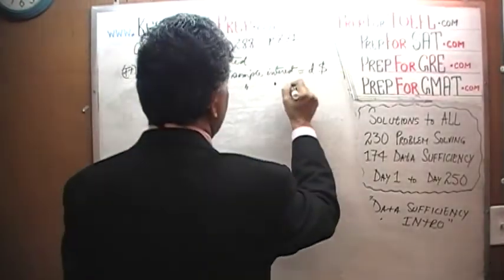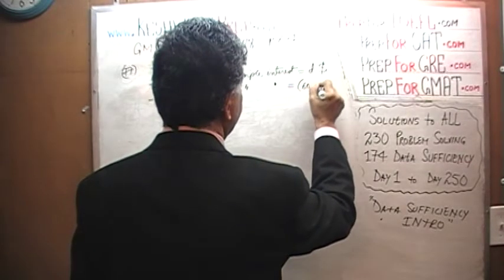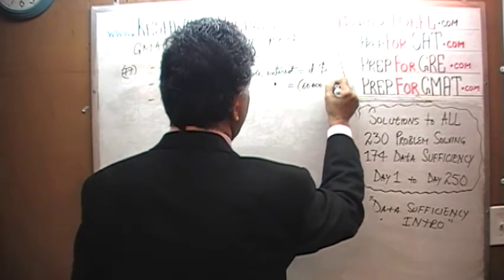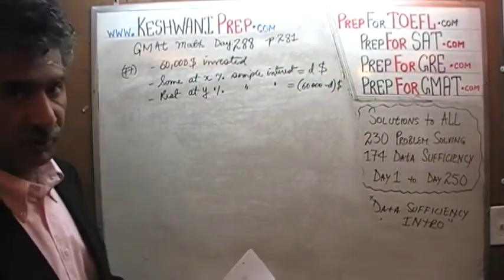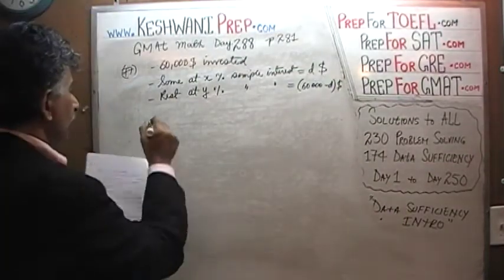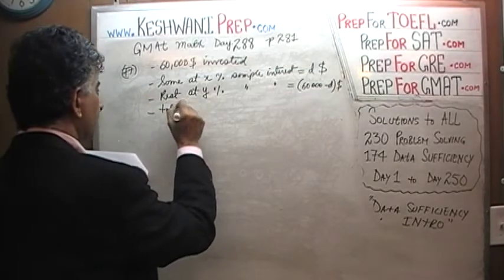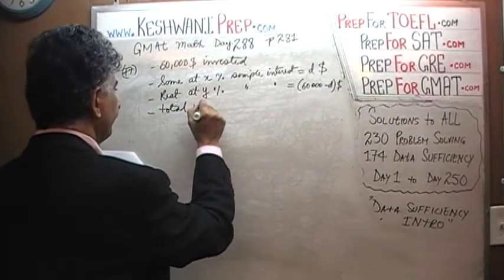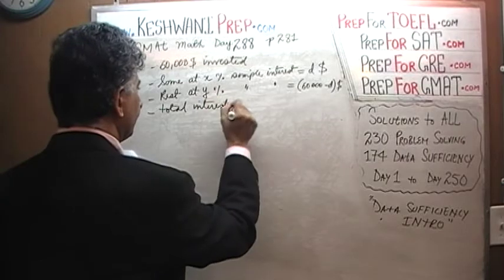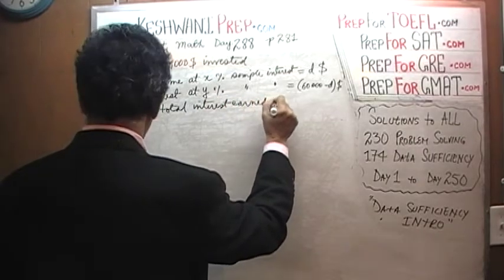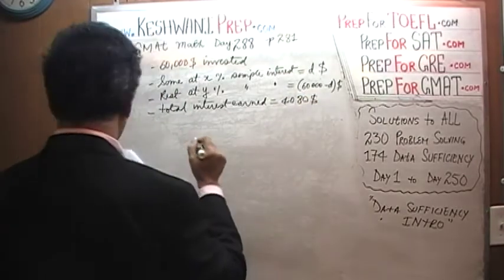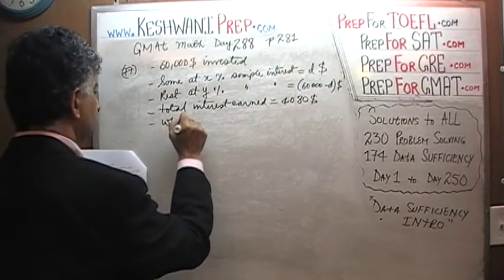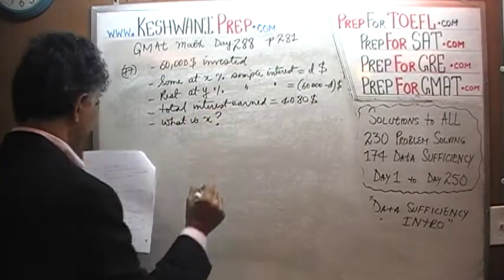And of course, since it is the rest, it is going to be 60,000 minus D dollars invested at the Y%. We are also told that the total interest that is earned is $4,080. The question simply is, what is X?